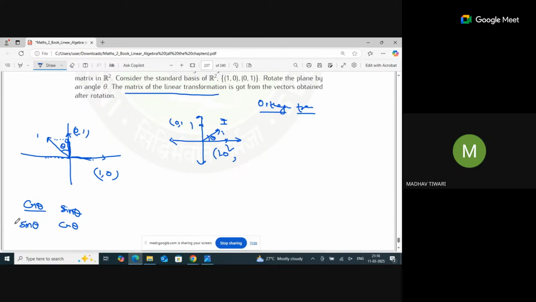No, it will have a minus sign here. Why am I saying minus sign? Because it is lying on the negative x-axis, right? So its length is sine theta, but if I want to find its coordinate, I have to put the sign as well. Is that clear?